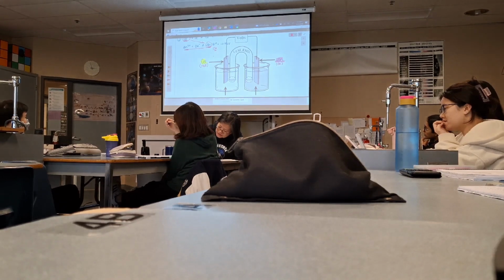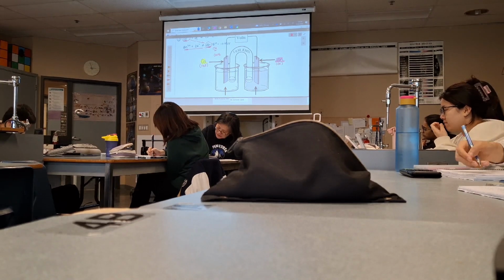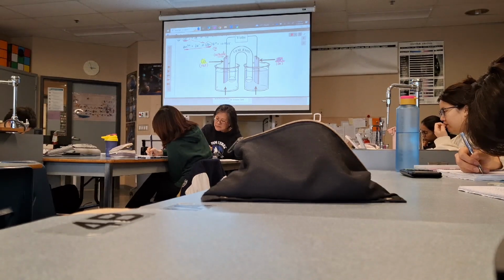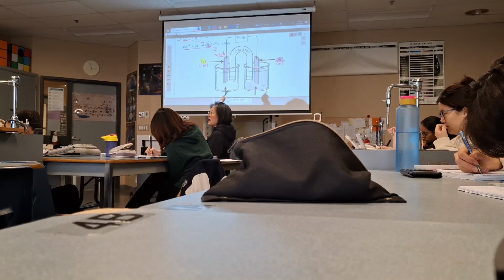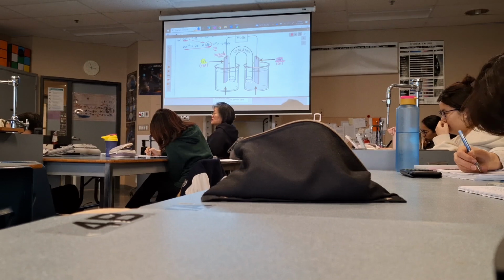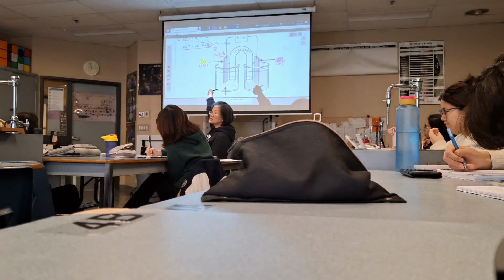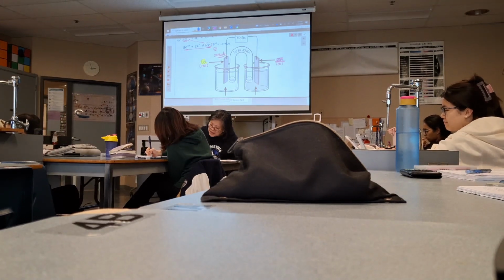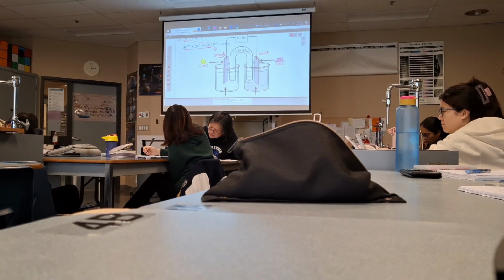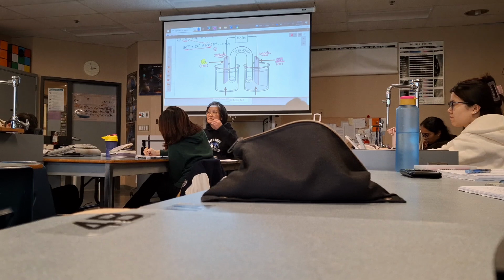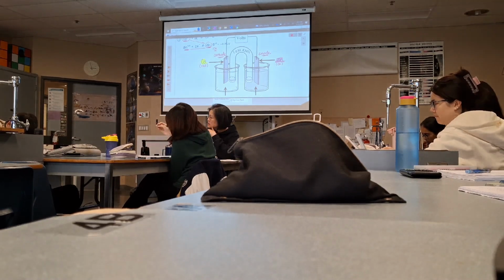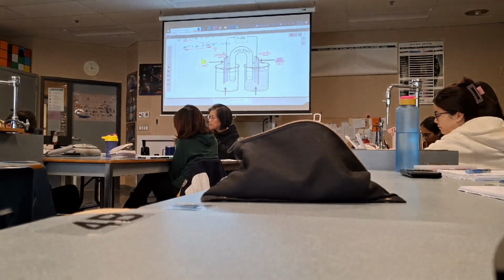So this is your cathode. On the opposite side, you have oxidation happening. So what do we call that electrode? It's the anode.